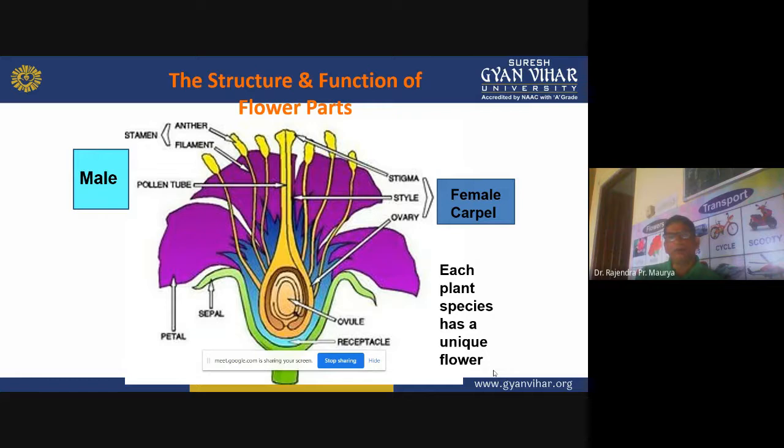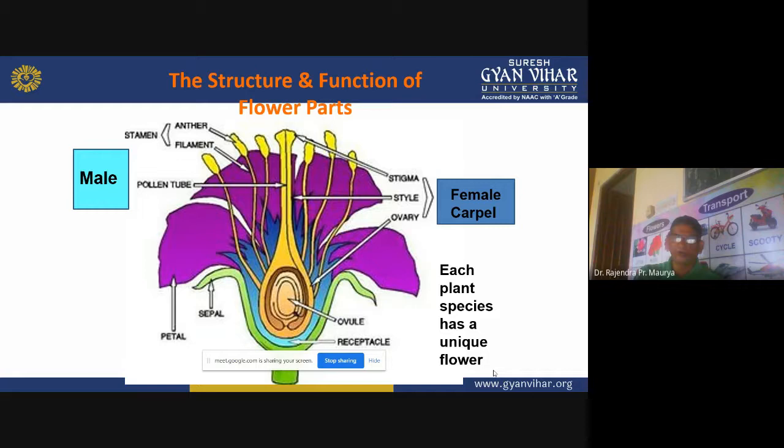Good examples of dioecious are papaya and date palm. Good examples of monoecious are gourds. The vegetables that belong to the family Cucurbitaceae are good examples of monoecious.